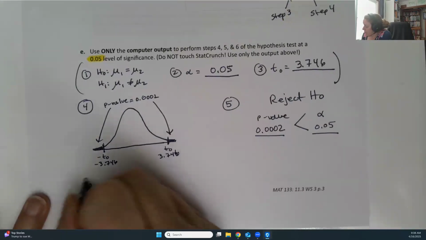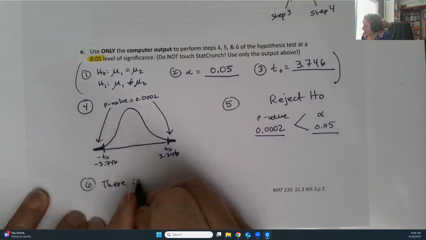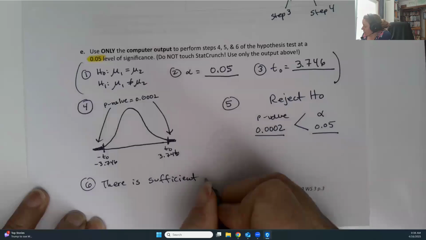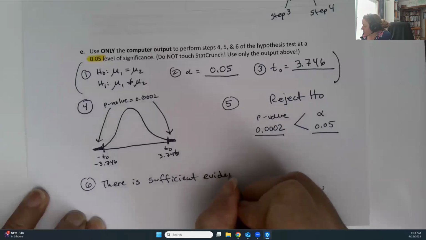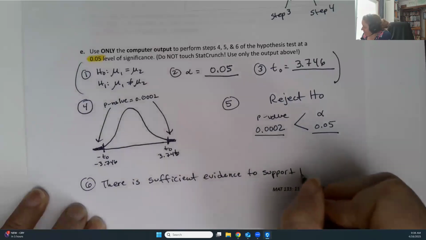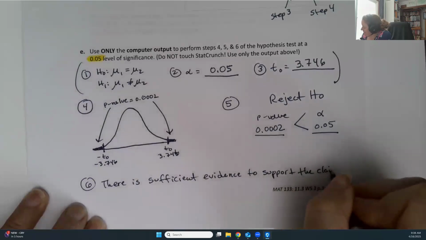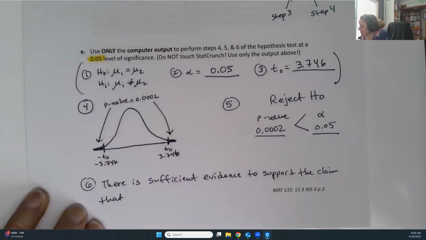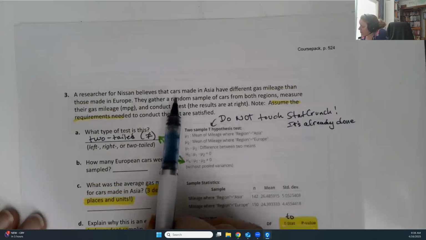So therefore, there is sufficient evidence to support the claim that, all right, now what was our claim? So we've got to go back here and figure out what this was about.